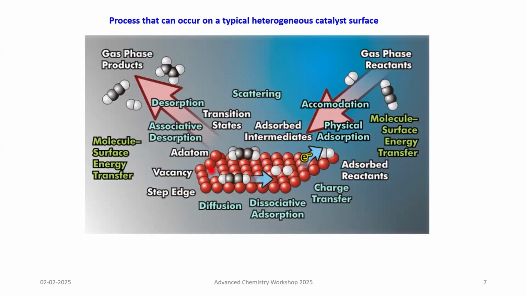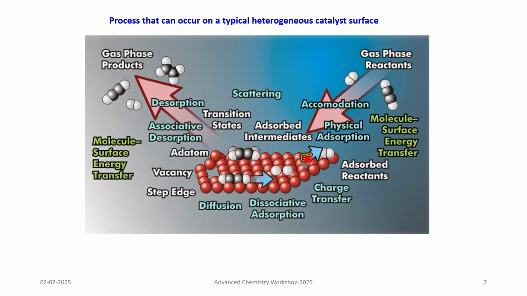These are all adatoms. If this is a surface and this one is a vacancy, this atom is going and sitting here. That is an adatom. And then you see there is a step here. And then these are some poisons or adsorbed intermediates, right?